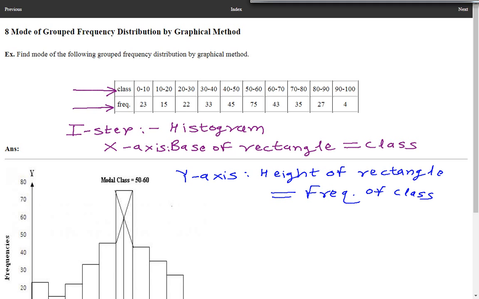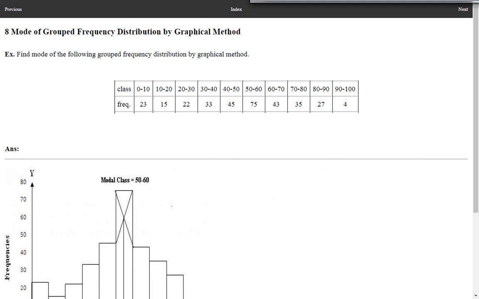So on the x-axis, the base of the rectangle is nothing but the class, and on the y-axis, the height of the rectangle is nothing but the frequency of the class.